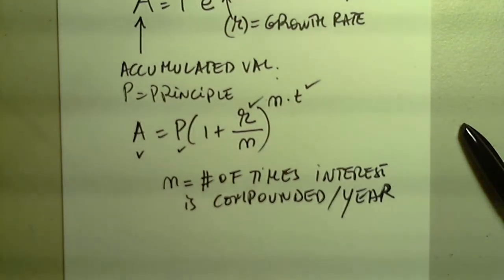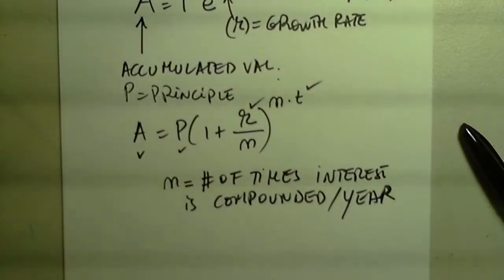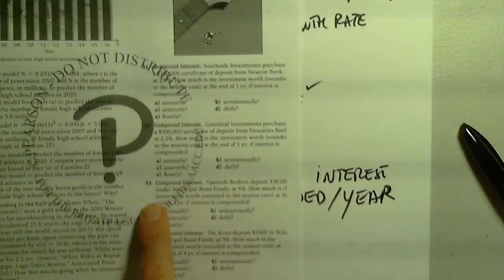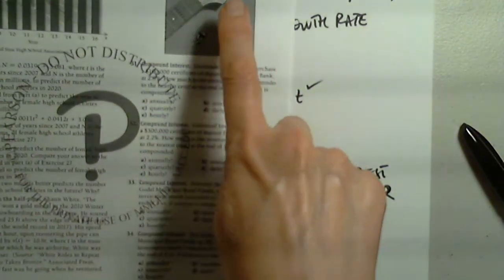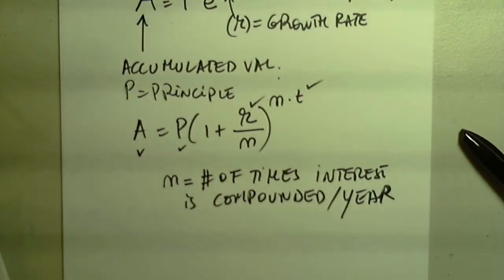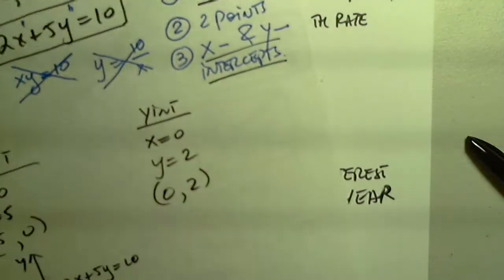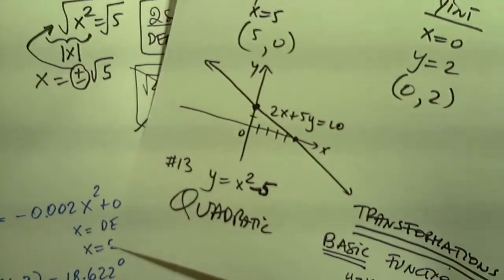Okay, so let's take a look at one of the problems here. Let's say compound interest 33, page 11 now. Oh, I meant for 11. So what was for 11? I forgot what we were doing for 11. Is it okay if we change it to when? She was asking, when you said that on number 13, she didn't need to switch it to the y equals mx plus b form.